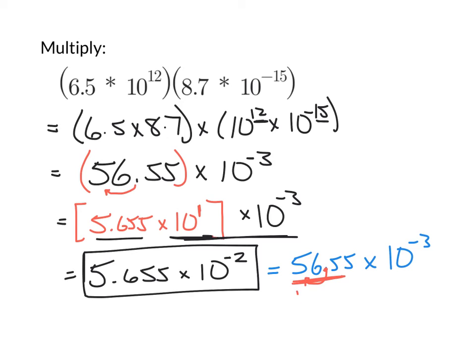We needed one less place. Okay. Then what happened to the power? The power changed from -3 to -2. So we had to add 1 to the power. So when we needed one less place, we needed one more power.